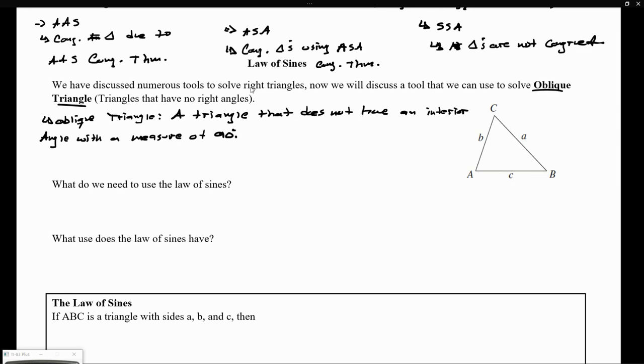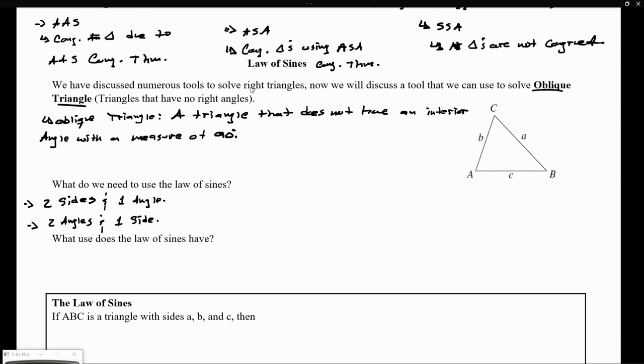But before we state the law of sines, what do we need to use it? Well, in order for us to use the law of sines, we either need the measurement of two sides and one angle, or we need the measurement of two angles and one side.